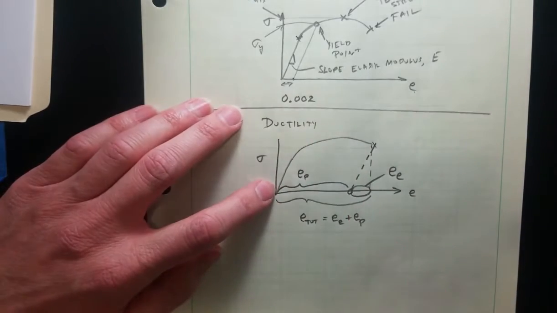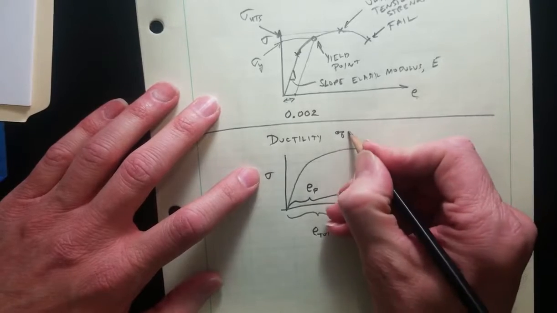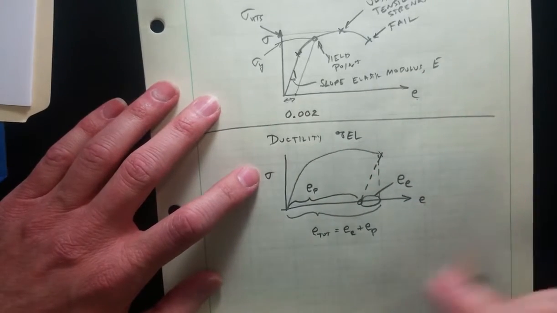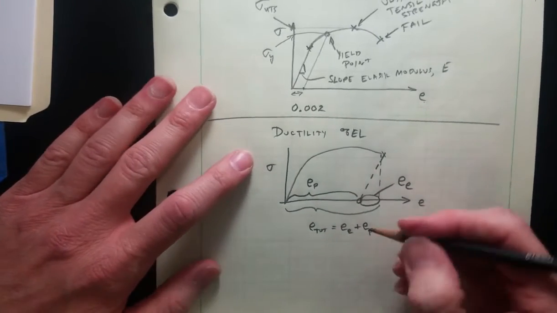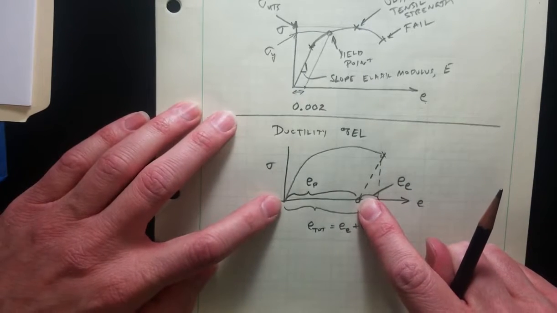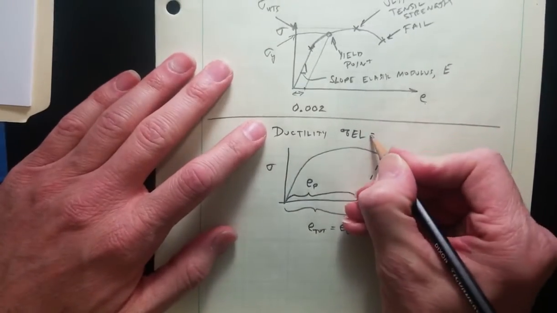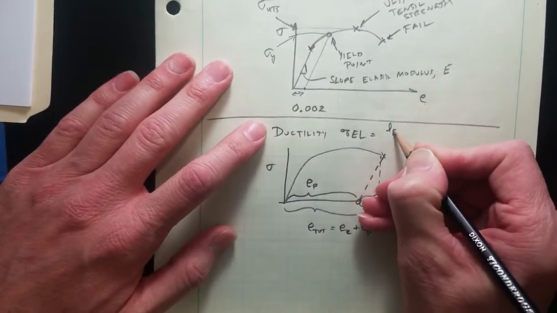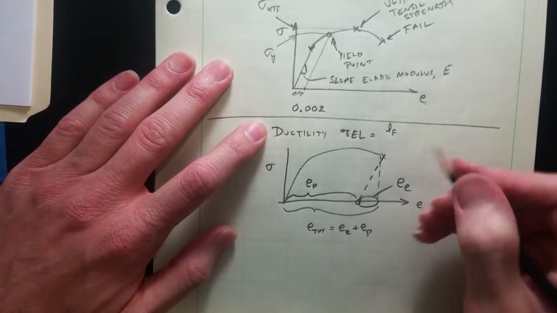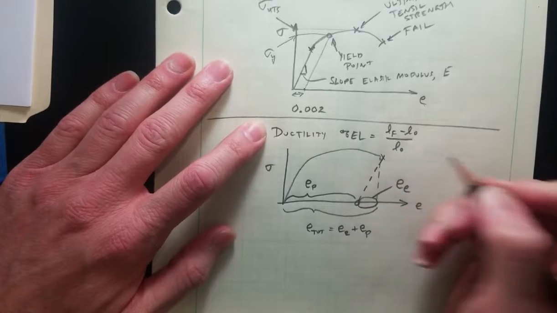And we characterize the ductility in terms of the percent elongation after failure. So if we know the length of the part at failure, that would be the length after breaking, minus the initial length, divided by the initial length.